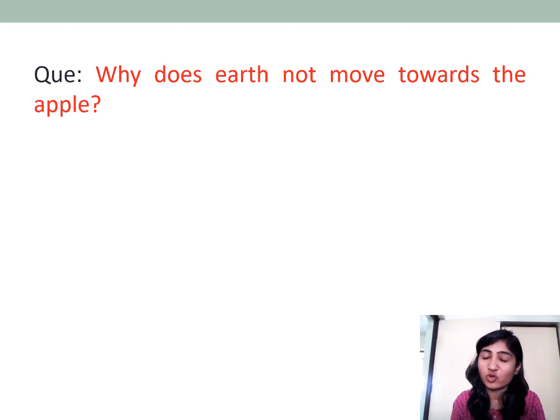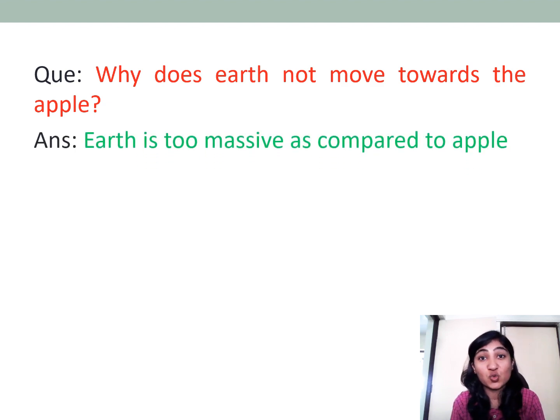So why does the earth not move towards the apple? The answer is very simple. As we compare both of them, the mass of the earth is too high as compared to the apple, so the apple cannot move the earth.